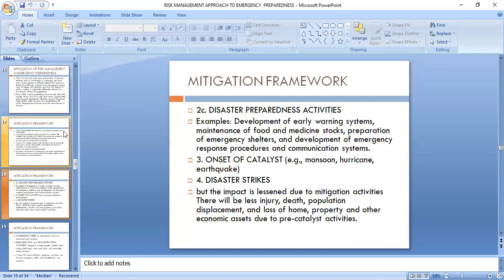Then you move to 2C, disaster preparedness activities. For example, you can develop early warning systems. If you have done a study on crisis management, if you look at the cycle of crisis, the first stage of crisis is warning. Every crisis will always give you a warning. The warning duration may be short before the crisis strikes, or it can be lengthy, but a lot of the time you know that the problem is coming.